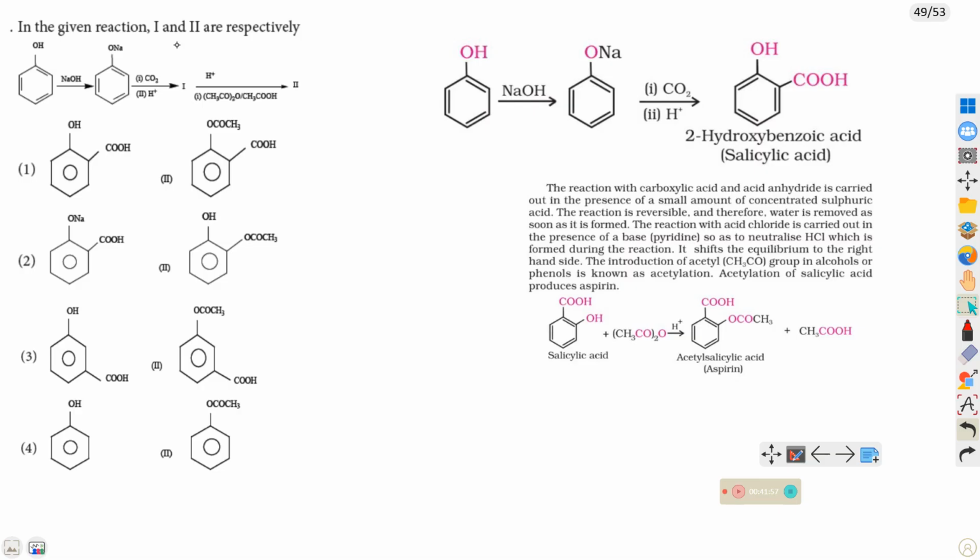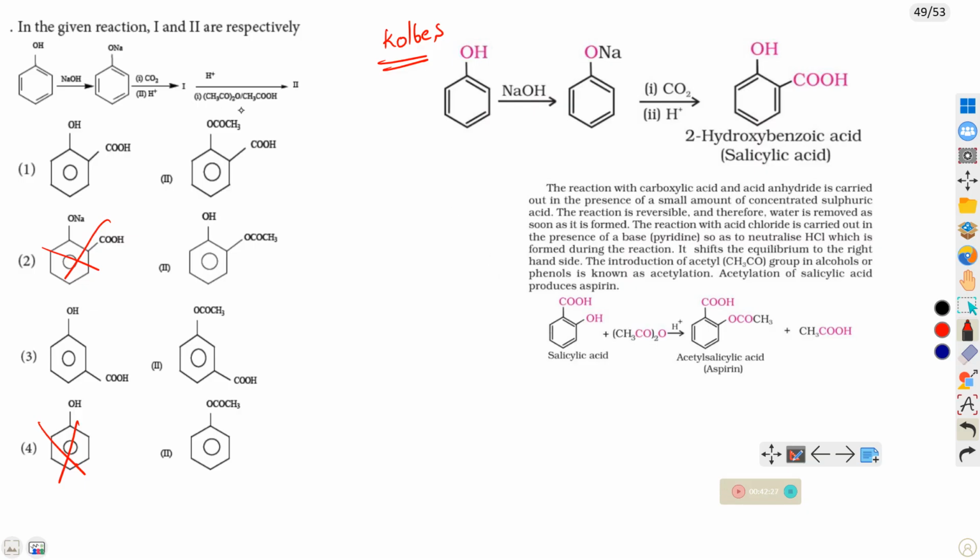In the given reaction, identify 1 and 2. One is salicylic acid. The reaction is the Kolbe reaction. Salicylic acid, OH and COOH. Second option wrong. Fourth option wrong.